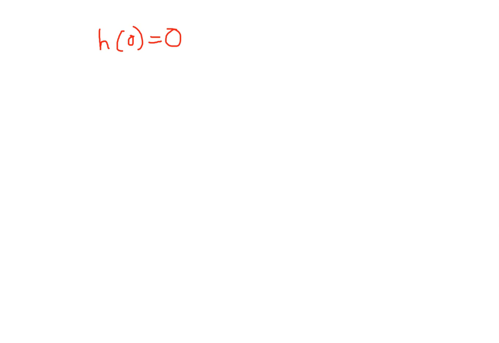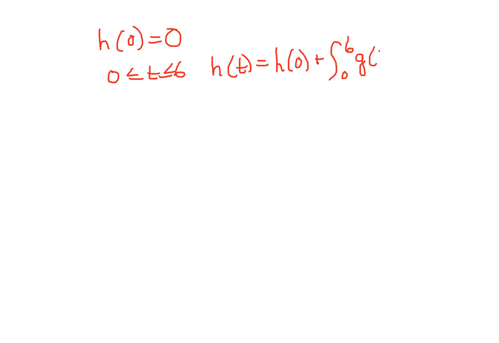All right, so between 0 and 6, H of t equals H of 0 plus the integral from 0 to 6 of g of x dx.